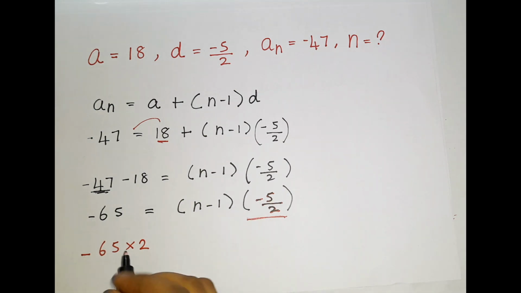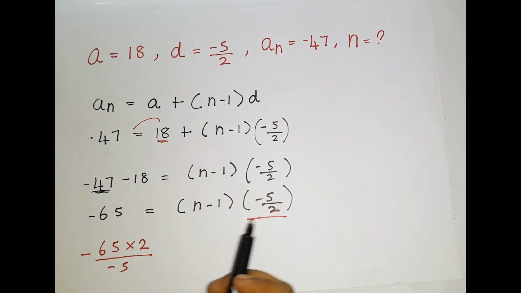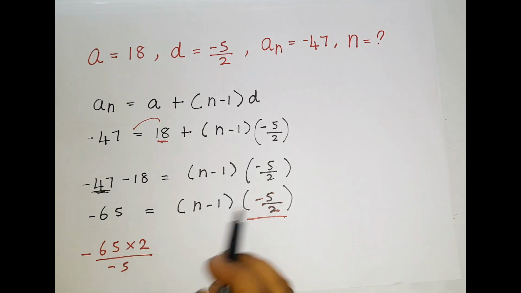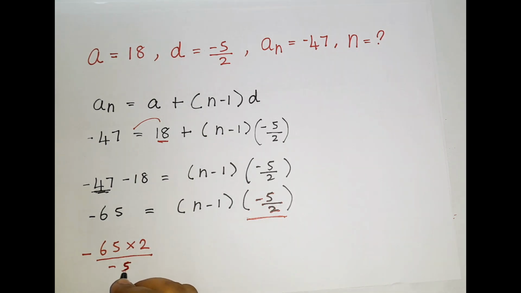When I get it to this side, it changes into divided by minus 5. Like how we take a reciprocal, like that we are supposed to do it. Remember, whenever we have something like this, the 2 will go up and the minus 5 will come down. This one we know, so no need to explain it in detail.